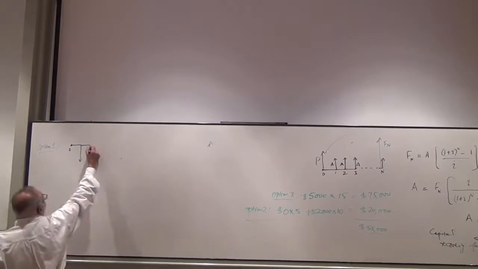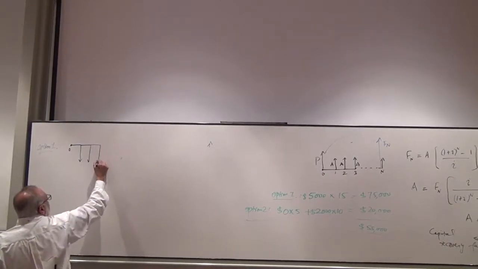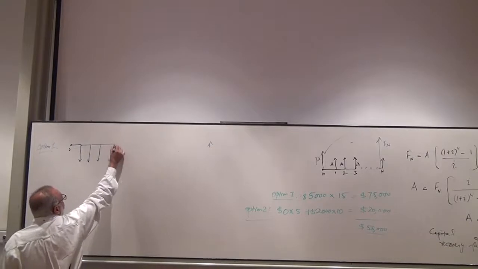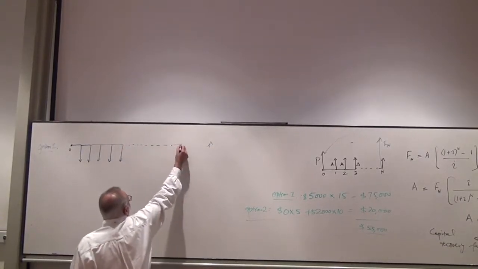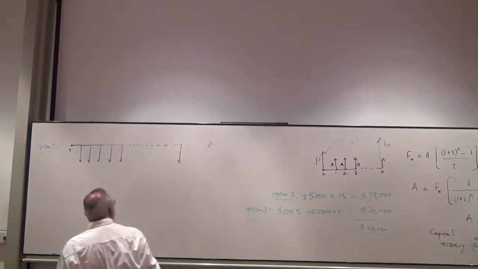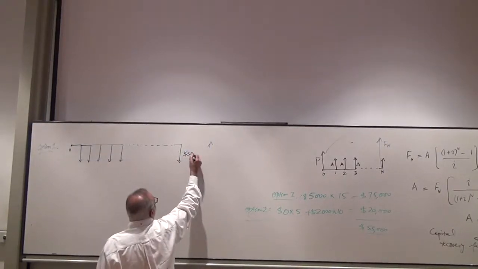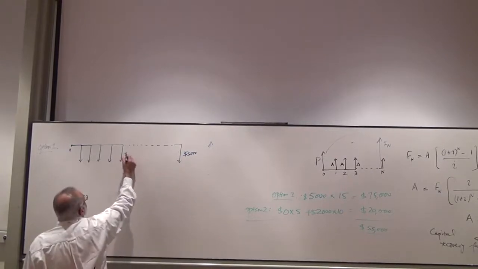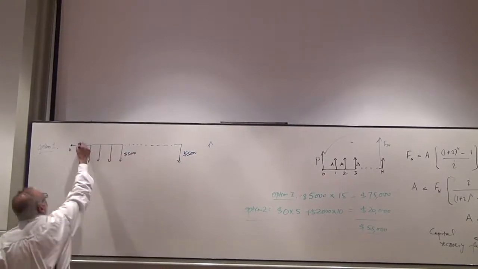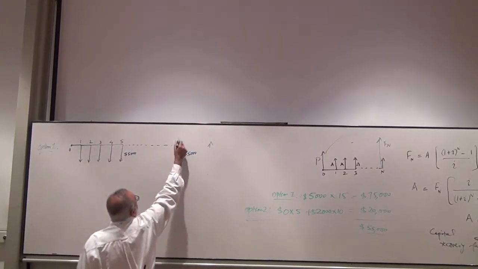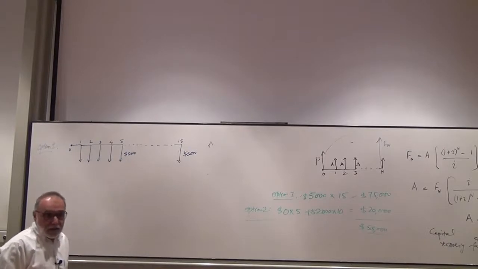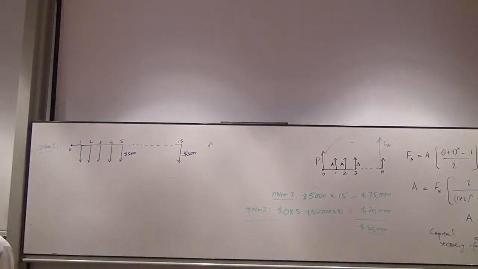So we have each year 1, 2, 3, 4, 5, and up to 15, $5,000 each year. For the 16th year, as I said, the two options become the same, only one option.